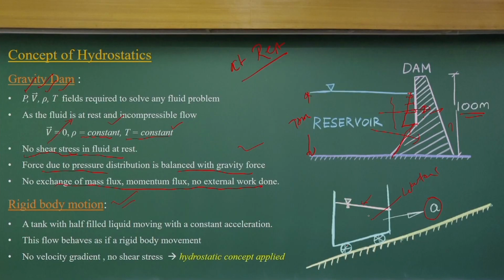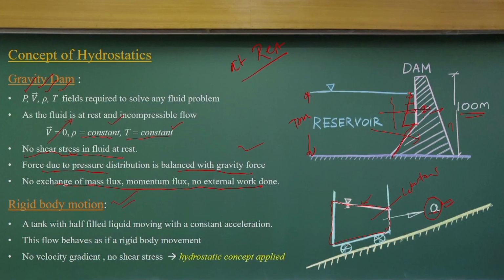That means at that time the control volume is moving as a rigid body, traveling with a constant acceleration a. We can consider this a very simplified case: the fluid control volume moves with constant acceleration a with this free surface, and as it moves there is no velocity gradient, so no shear stress. So we can adopt the hydrostatics concept.